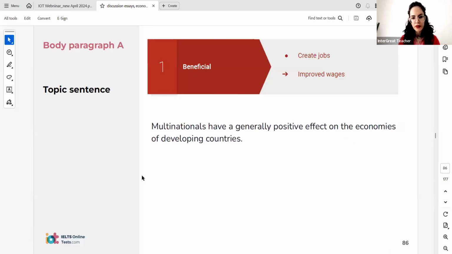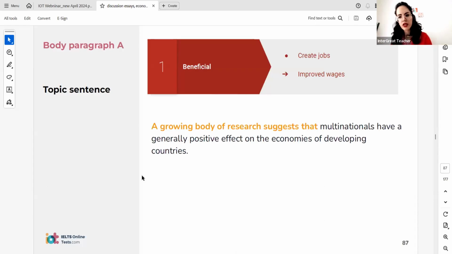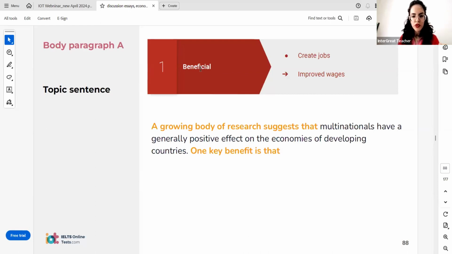Okay. Now, I can do it like this, add a linking phrase saying something like a growing body of research suggests that, and then write the rest of the sentence. Remember again the color codes: when we have the orange color, we have linking words and phrases, okay? To help me have a better flow.